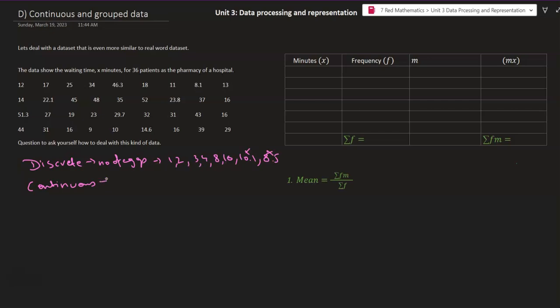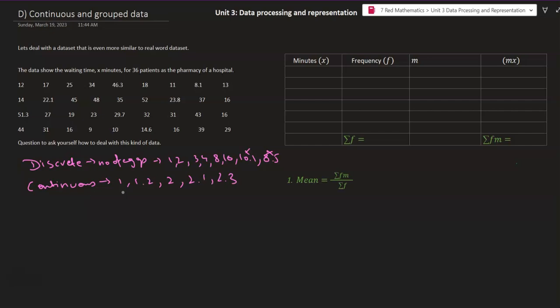Now continuous values can take on any type of number. They can be in the form of integers, and they can be in the form of rational or irrational numbers. They can be in decimals. So this is continuous.